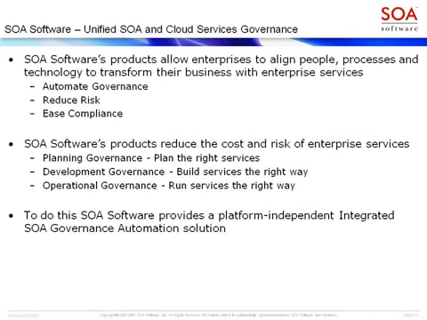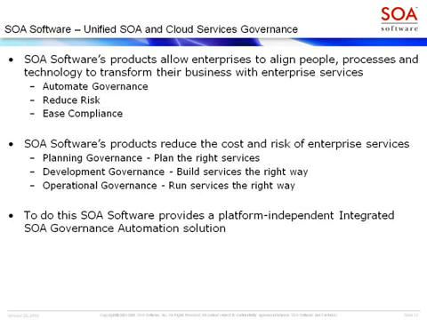Essentially, SOA Software is looking at three different stages of a services lifecycle: the planning stage, the building stage, and ultimately the running stage of an SOA. And essentially what we're trying to do is allow people and enterprises to align the people and processes that they have as well as their technology to transform their business into the concept of enterprise services.